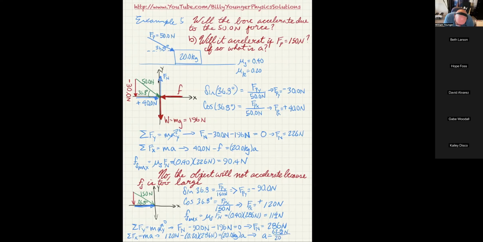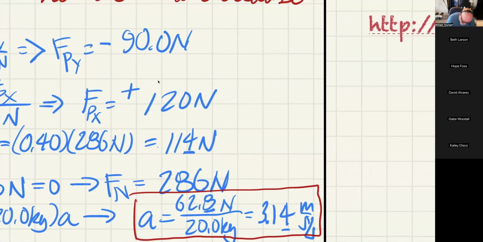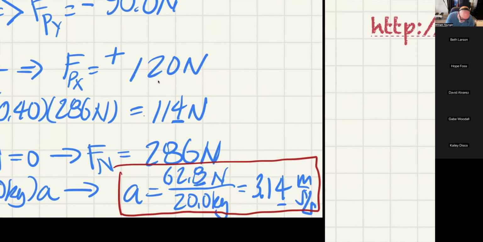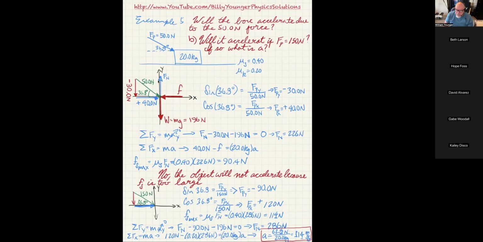Then all this is divided by 20 kilograms, and that gives me an acceleration of 3.14 meters per second every second for the acceleration of this block. Does anybody have any questions on that?